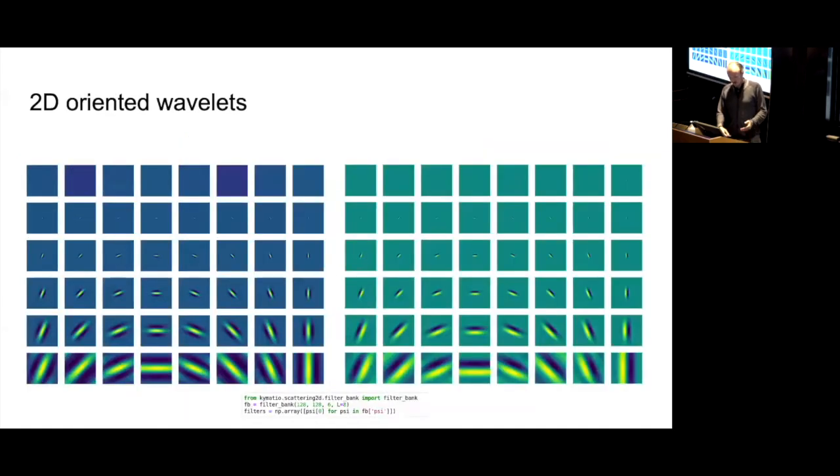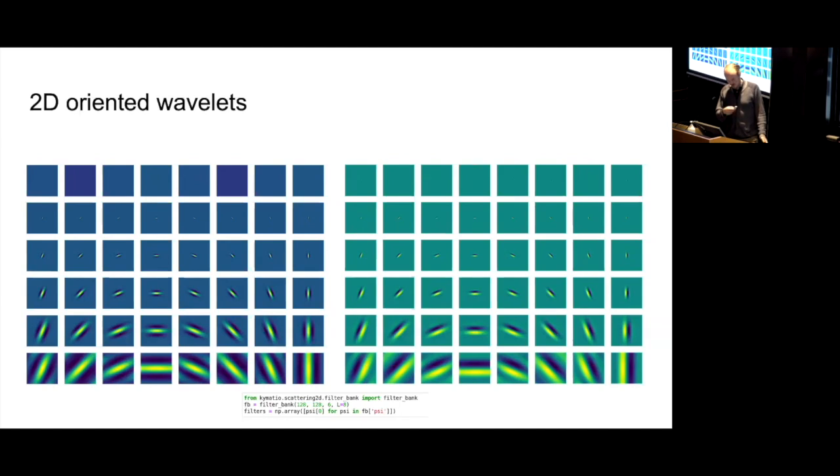So we can also now start selecting more orientations in 2D space. Why not? So here we've got some oriented Morlet wavelets, with the real part on the left and the imaginary part on the right, which you can easily generate with, for example, our Python package Kymatio, but there's a bunch of others.